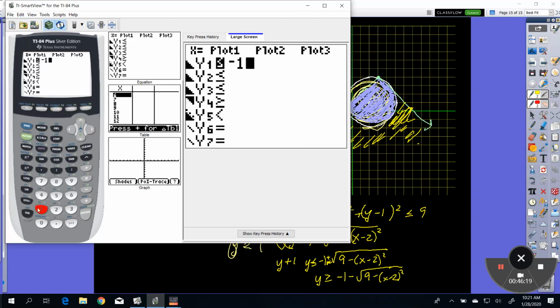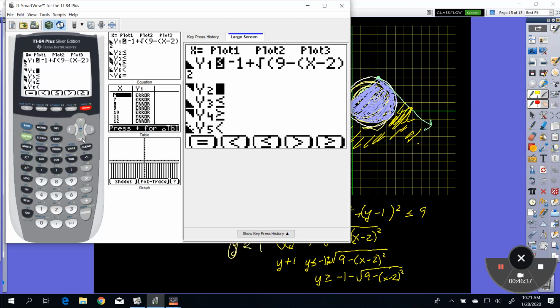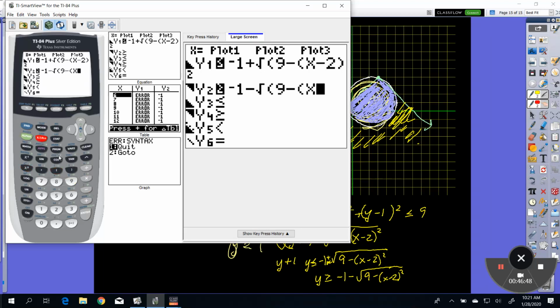So negative 1 plus the square root of 9 minus parentheses x minus 2 squared. Then I'm going to come down here, change my sign, greater than, negative 1 minus the square root of 9 minus parentheses x minus 2 squared.